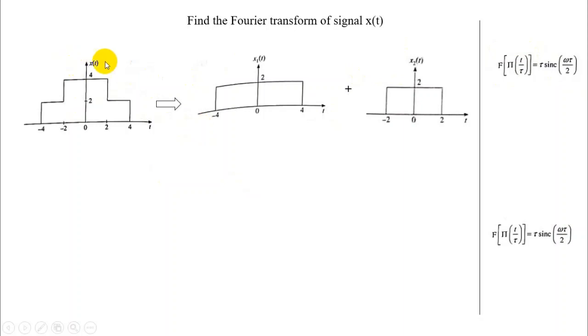As I have said, this function can be expressed as the summation of two signals. This portion is a rectangular function x1(t), and another signal x2(t) is given by this signal starting from -2.